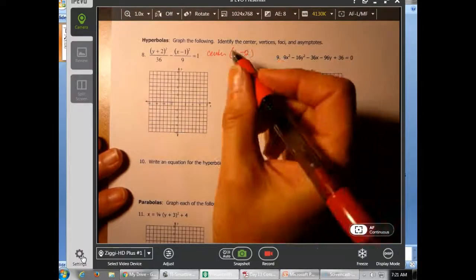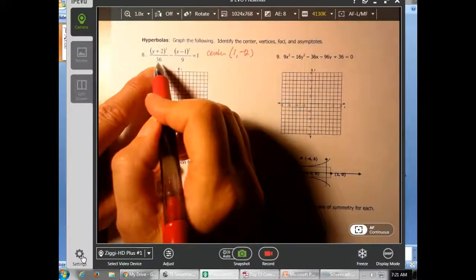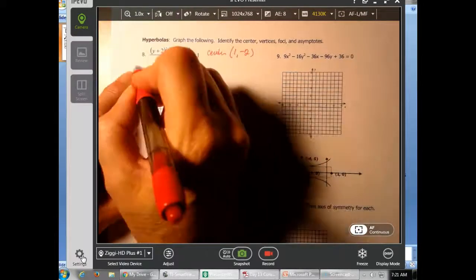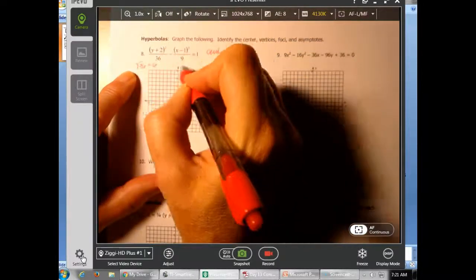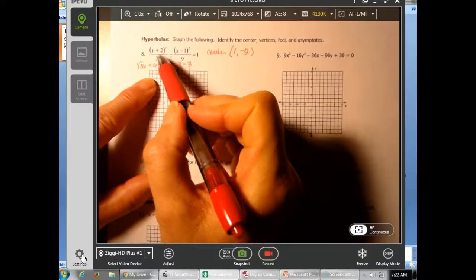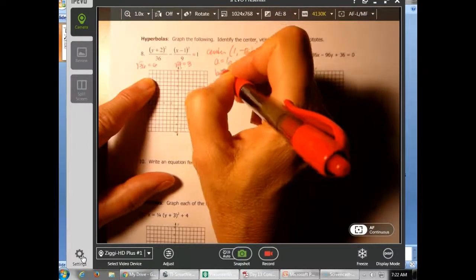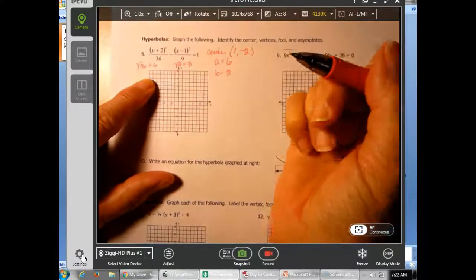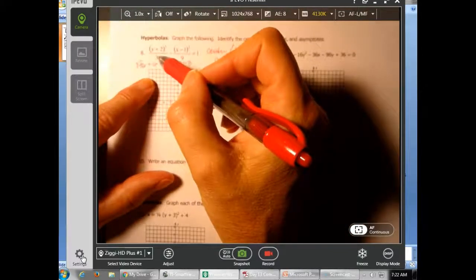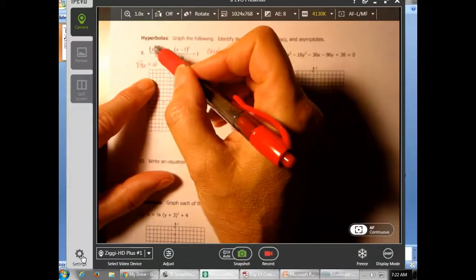And for this one, we are going to move 6 up and 6 down. I'm going to take the square root of 36 and get 6. The square root of 9 is 3. So I'm going to move 6 up and down. We'll call A 6 here, and B is going to be 3 here. And this hyperbola is going to be opening in the direction of your y, which means up and down.